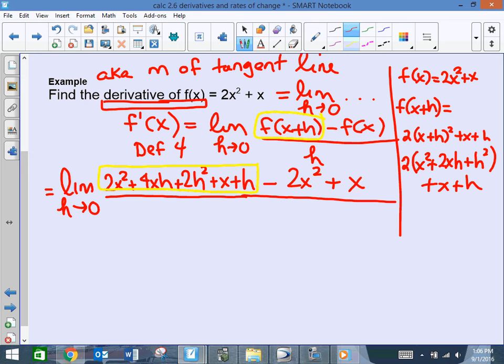What is it? Distribute the negative. Okay, why did you just add that on? Because it's on the formula. Okay, I'm just using the formula.